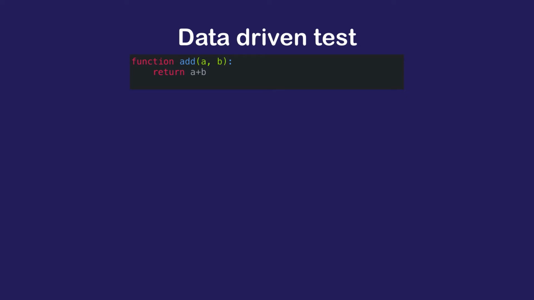Although it will be descriptive and easy to follow when we have one test function per test data, it requires more development and maintenance effort. A better solution is to create one test function that we can run with a different set of data. This is what we call a data-driven test.